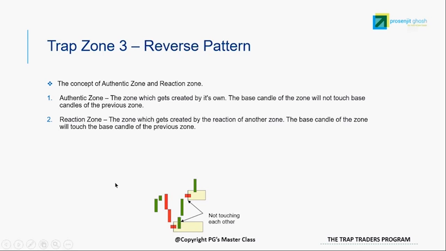If it is touching, then the rally base rally is not an authentic zone; it will be termed a reaction zone. But in this case, the base candle of the rally base rally is not touching the base candle of the drop base rally, the previous demand. So we will call this rally base rally an authentic zone.